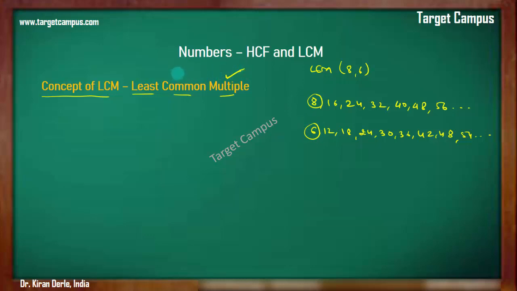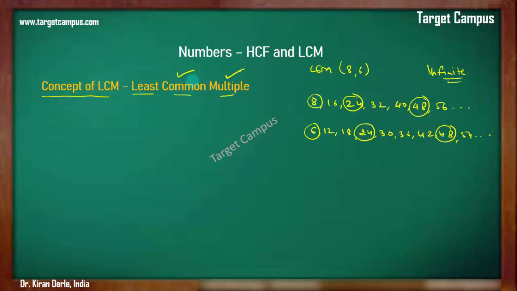Okay, but we want common multiples. So which are common multiple here? Common multiple is this, common multiple is this, right? 24, 24 is common multiple. Then again we can see 48, 48 is also common multiple, right? And if you go beyond this, still you are going to get infinite common multiple between them, right?